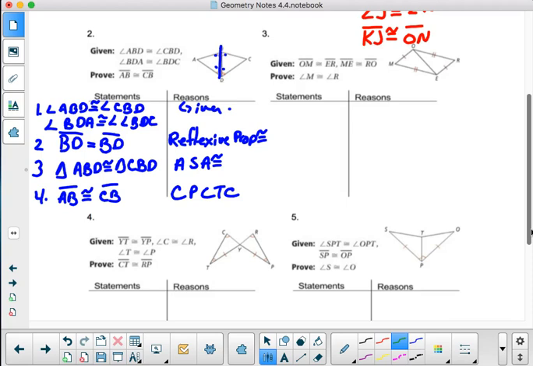So now let's look at the next one. I know in step 1, I got OM congruent to ER, and I got ME congruent to segment RO. This is my given. And I'm looking at my picture here, and I got OE congruent to EO because reflexive.